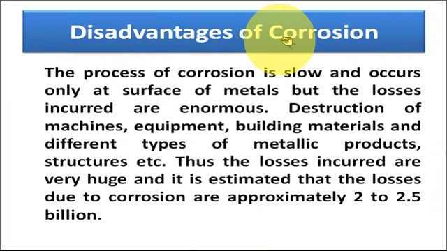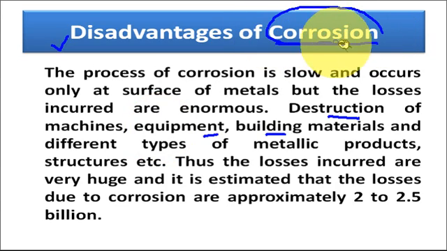Now, why do we call it an unwanted chemical reaction? Because it has several disadvantages. We know that the process of corrosion is slow and occurs only at the surface of metals, but the losses incurred are enormous. Destruction of machines, equipment, building materials and different types of metallic products, structures, etc. result due to the corrosion reaction.